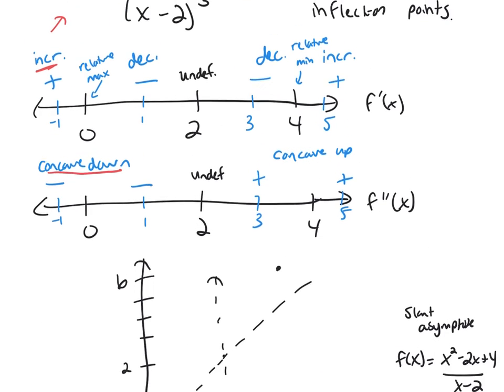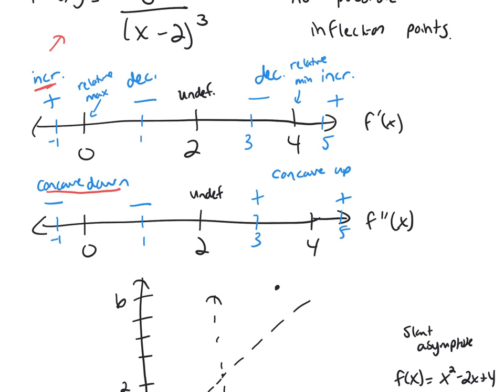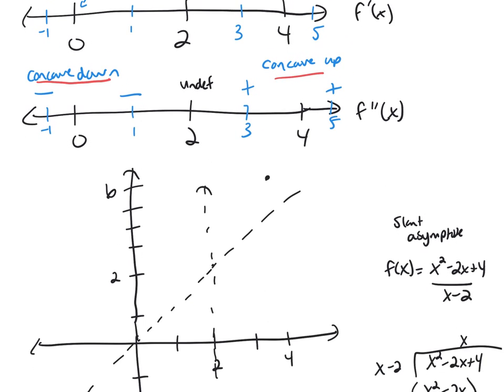So after 2, my function is decreasing, but it's concave up. So before here, my function is decreasing, but concave up. So it's going to go up towards this asymptote.